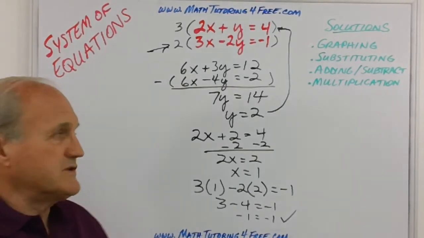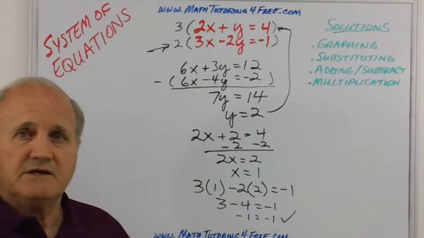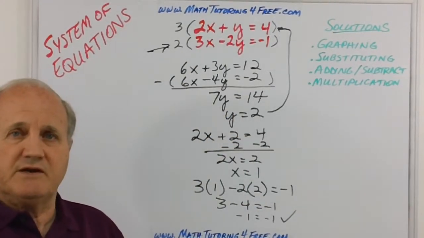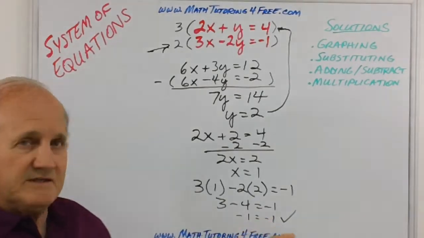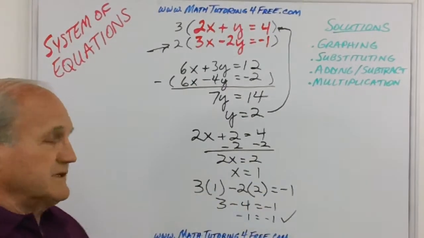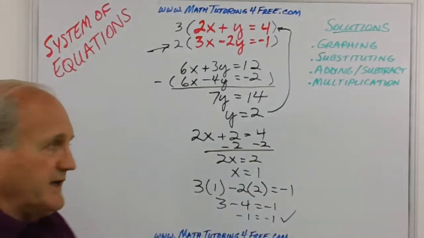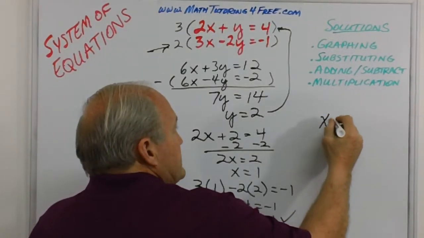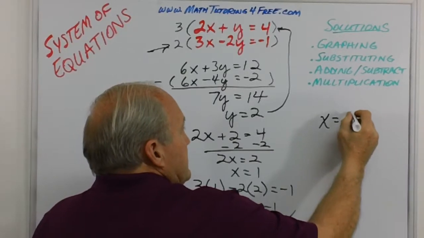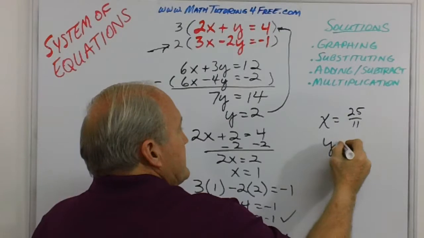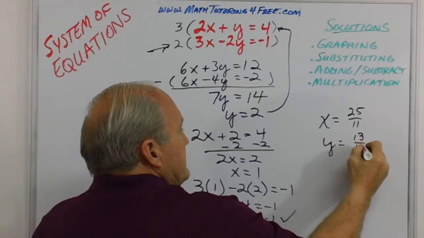Hopefully that shows you how to solve a system of equations. There's more than one way to solve it, and hopefully you'll work on some of these. Again, I emphasize though, most of your answers aren't going to be as convenient as 1 and 2. You're going to end up with answers like x is equal to 25 over 11 and y is equal to 13 over 11.